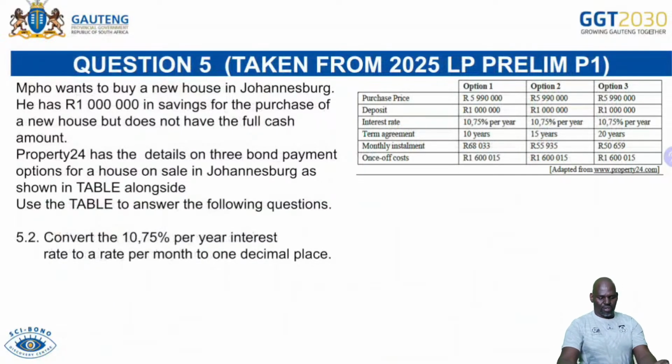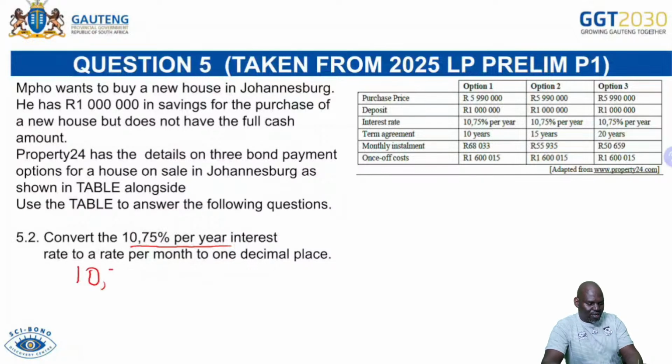Then the next question, still on the very same information: convert the 10.75% per year interest rate to a rate per month, to 1 decimal place. So we change this from per year to per month. We take 10.75% and we must now divide it by 12.